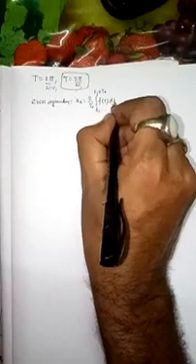So here, if it is even symmetry, then a0 equals 2 by T0 integration of t1 to t1 plus T0 f(t) dt, or simply you can write 2 by T integration 0 to T f(t) dt.